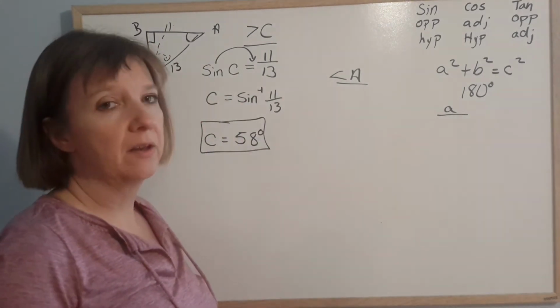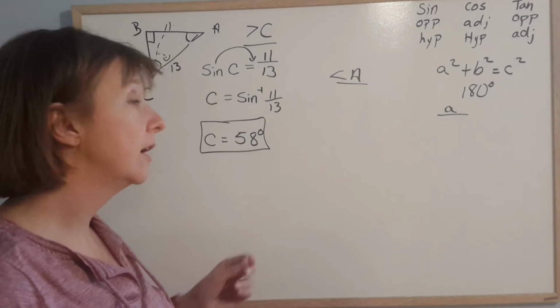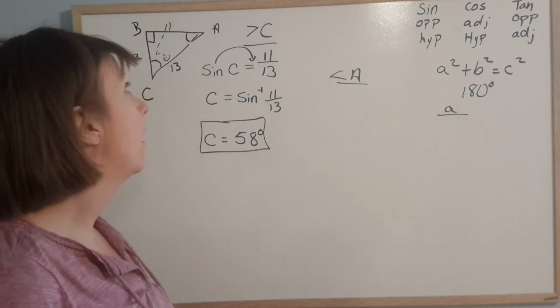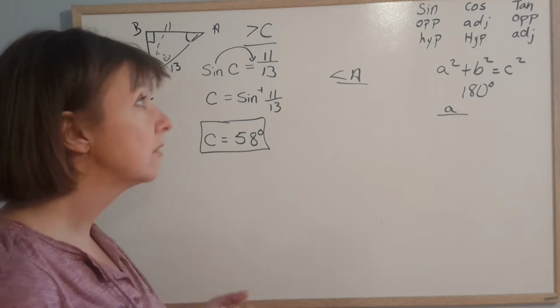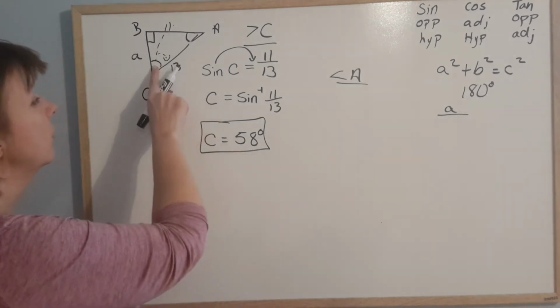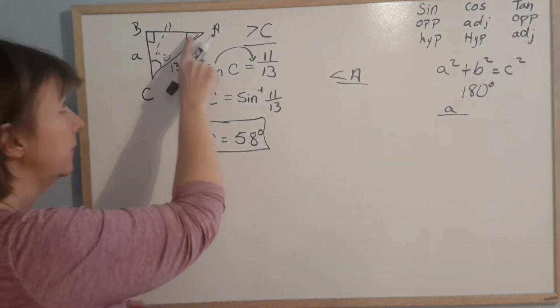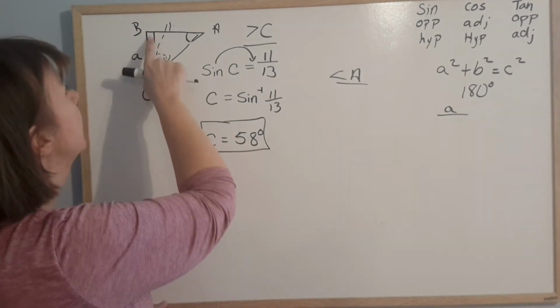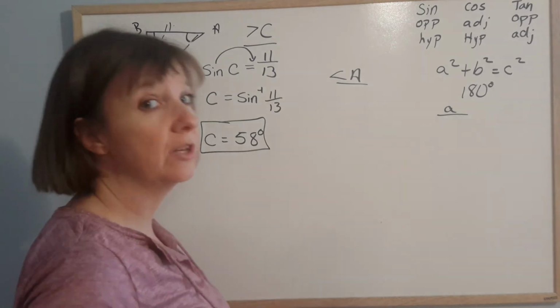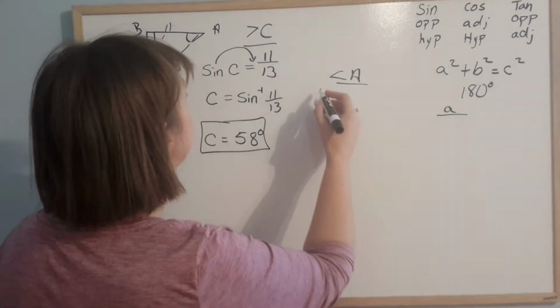So now I want to find angle A. Again, you have options. My choice, because I think it's the easiest, is this: I know that this is 58, and I want to know what angle A is, and I know that this angle plus this angle plus this angle should equal 180 degrees.